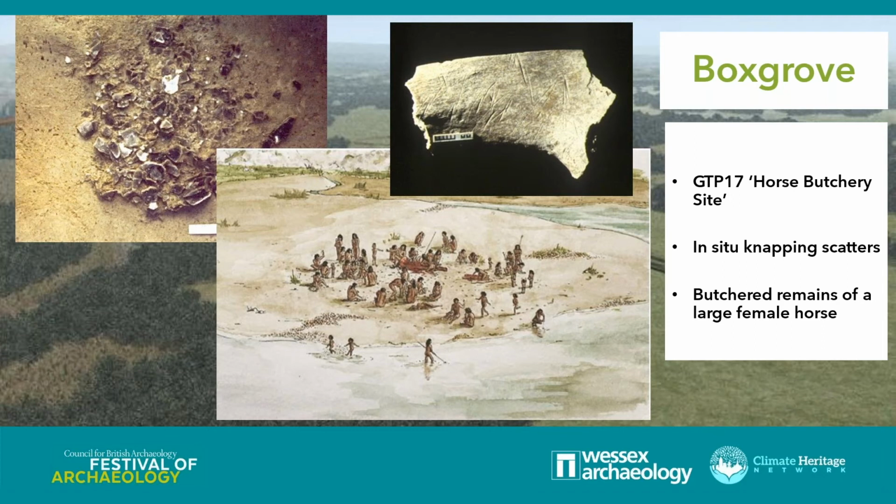We also have, unsurprisingly, the butchered remains of a single large female horse, associated with these knapping scatters. So you can reconstruct how humans were active at this moment in time, associated with the butchery of the carcass of this animal. We get these beautiful snapshots in the Boxgrove paleo landscape of human activity in the lower Paleolithic.